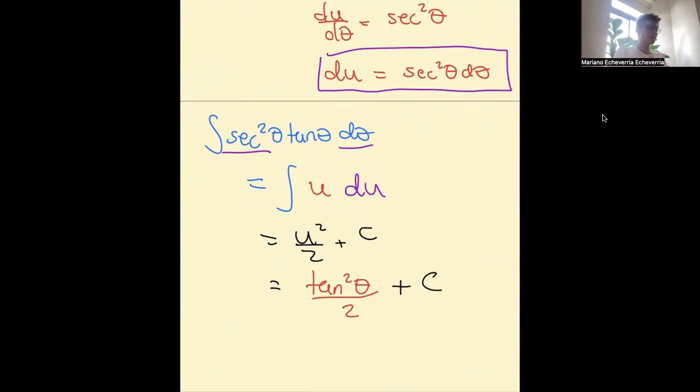Why would I say that this works? Because if you take the derivative of this with respect to theta, you should get this on the inside, and that does work. But does anyone notice something odd if you compare this answer versus the other one?